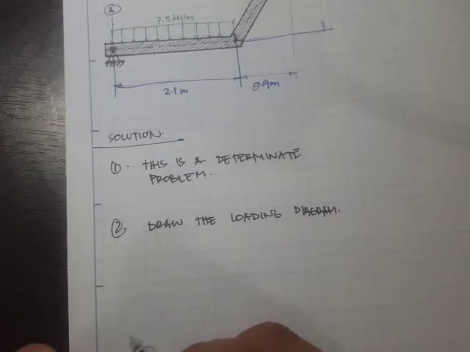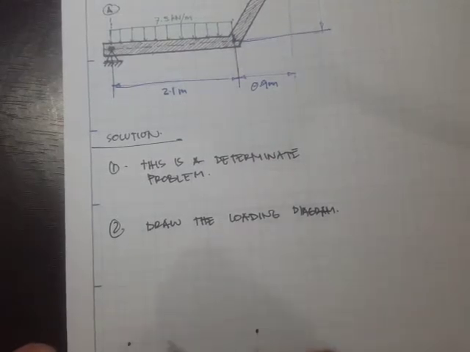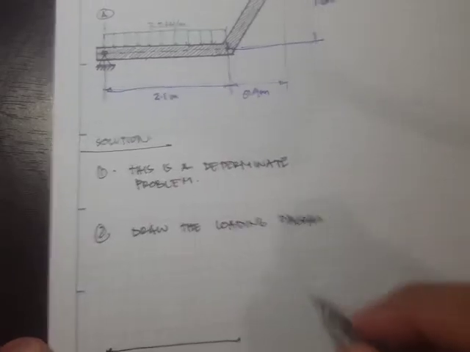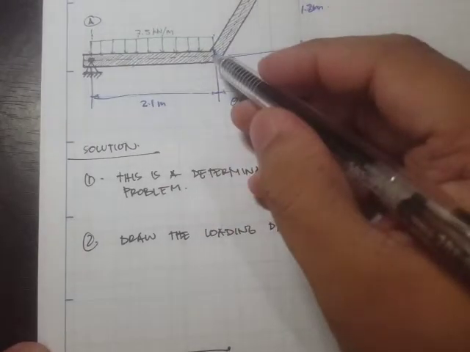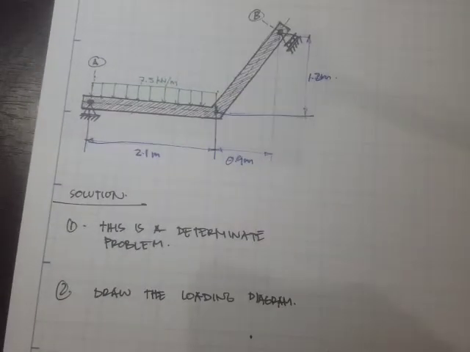So we have here, this is point A, then this point, this point, and right here we have something like this.